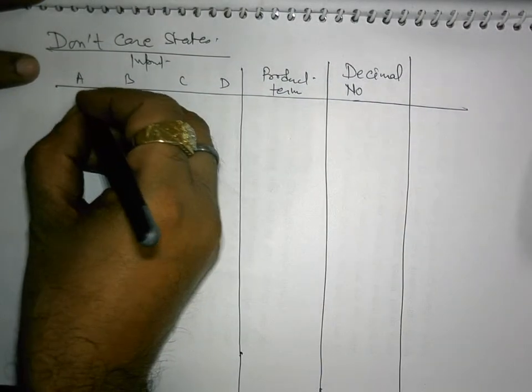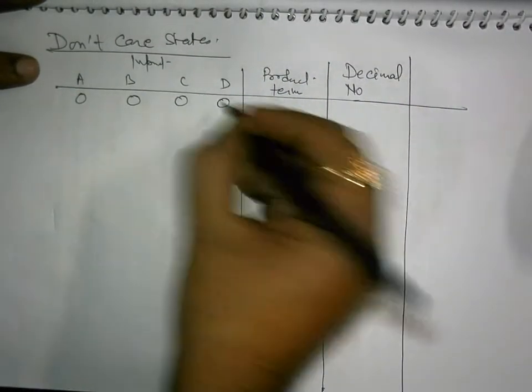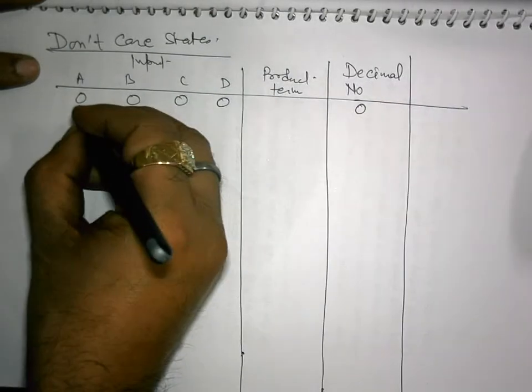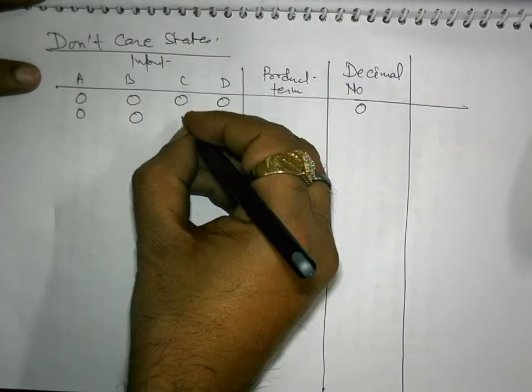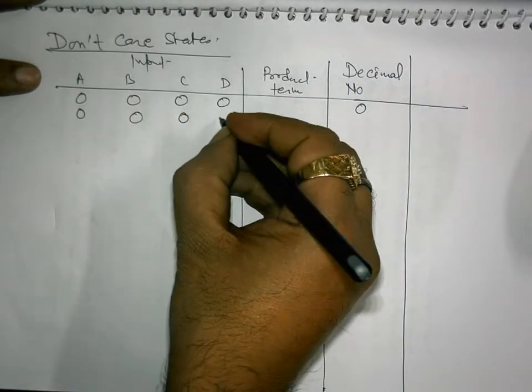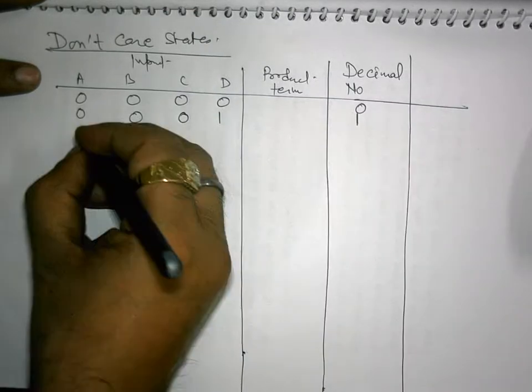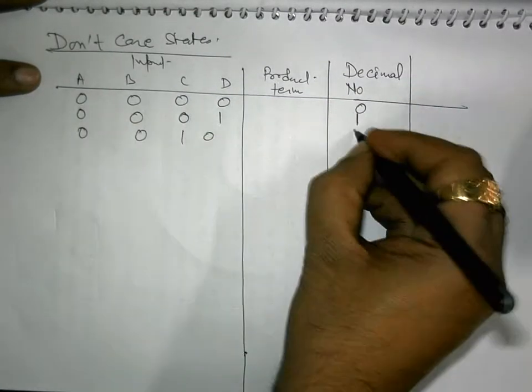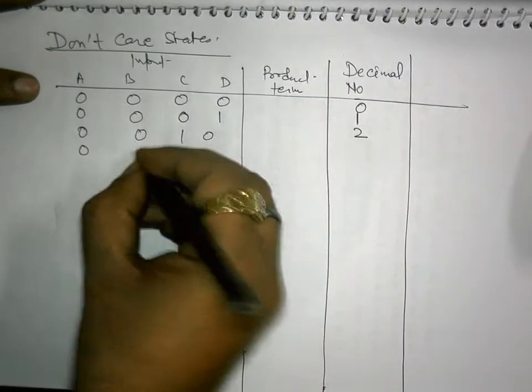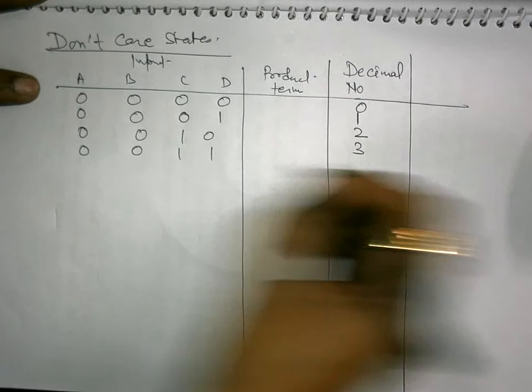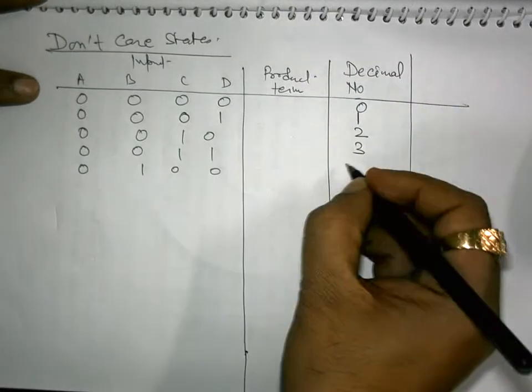So 0 0 0 0 is equivalent to decimal 0, 0 0 0 1 is equivalent to decimal 1, 0 0 1 0 is equivalent to 2, 0 0 1 1 is equivalent to 3, 0 1 0 0 is 4.